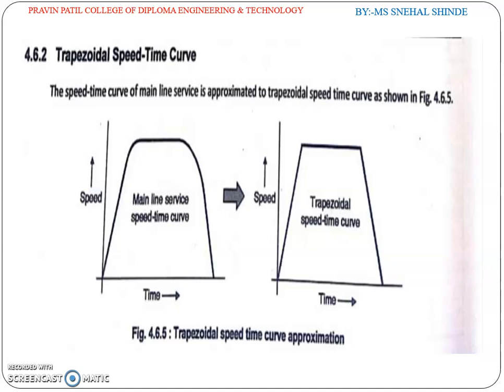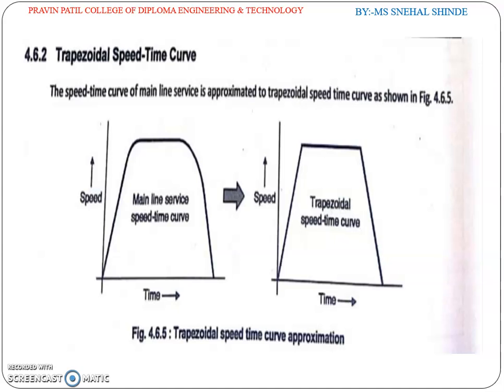So by using this formula in the distance traveled formula, and substituting this equation, we will get the values of the speed time curve. So the above is the numerical method for finding the speed time value of a particular mainline service.